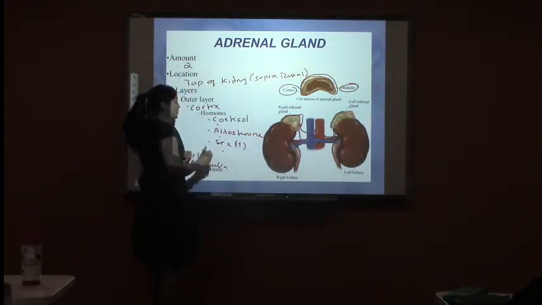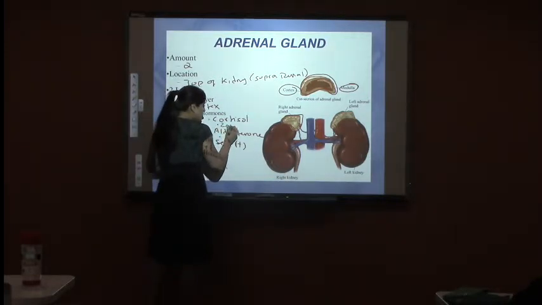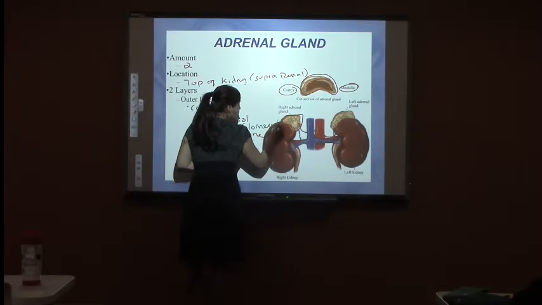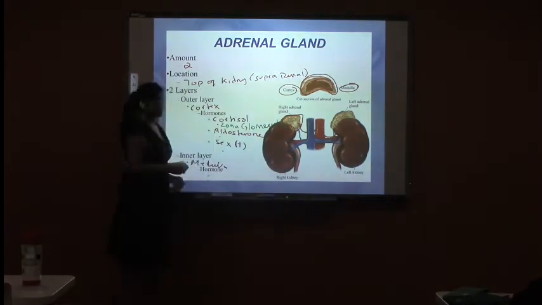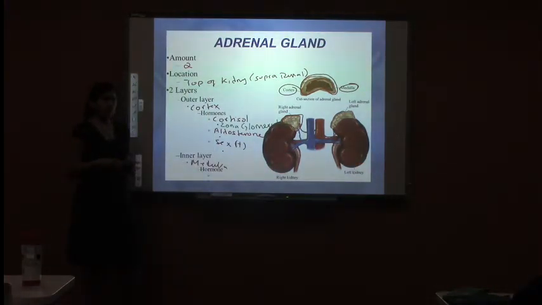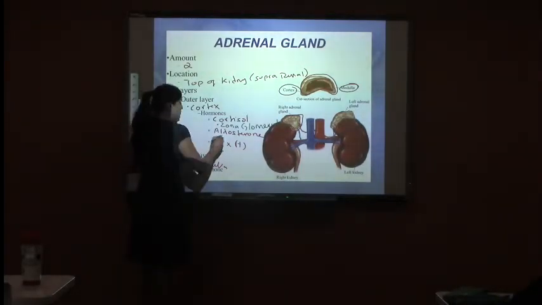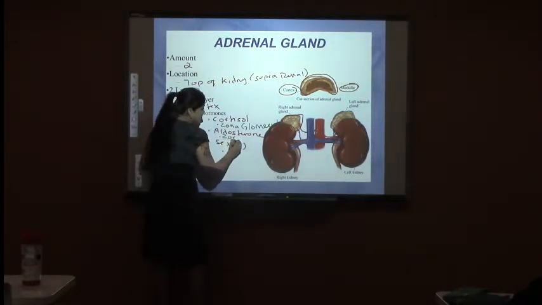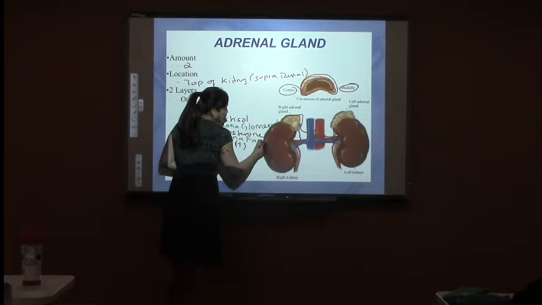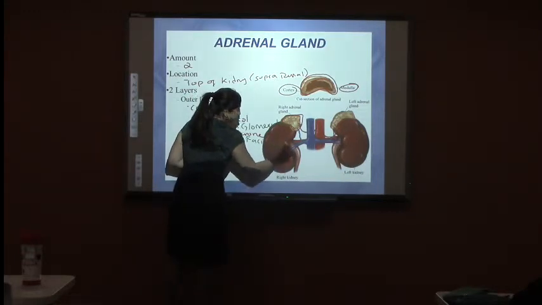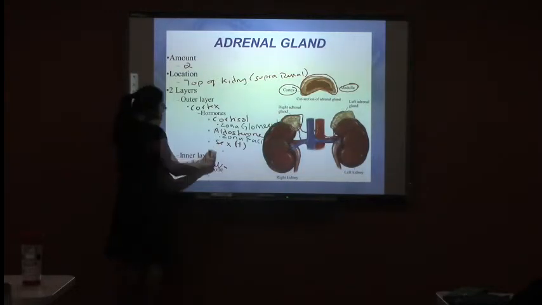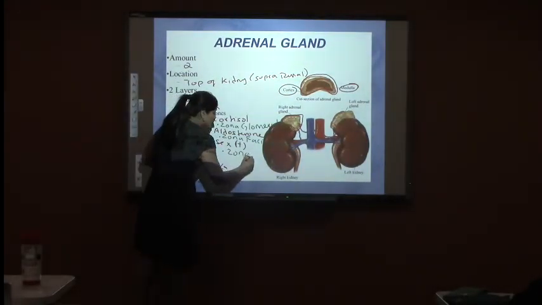Cortisol is released by the layer called zona granulosa. Aldosterone is secreted by the zona fasciculata. Fasciculata, and then sex hormone zona reticularis.